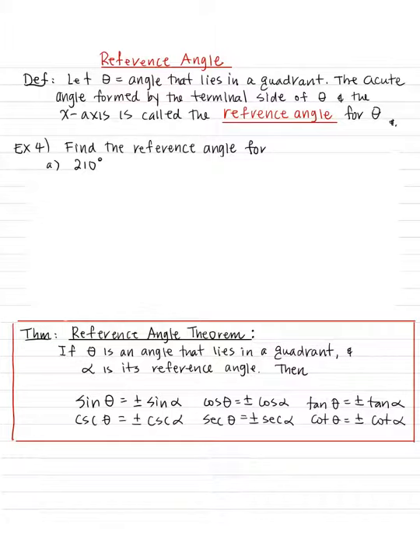Find a reference angle for 210 degrees. Always draw out the picture and see what's going on. We're going to find out where 210 degrees lies. Here's the initial side, and 210 degrees is going to be what? Revolving 180 and then adding 30.